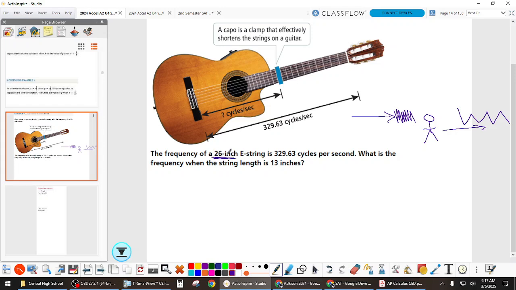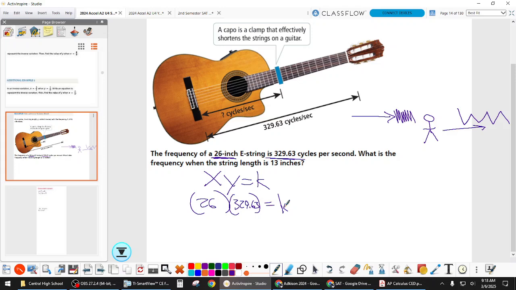Guys, we have a 26-inch string, and we have our cycles per second, our frequency. Let's write our rule, x times y equals k. So we have 26 times 329.63 equals k.